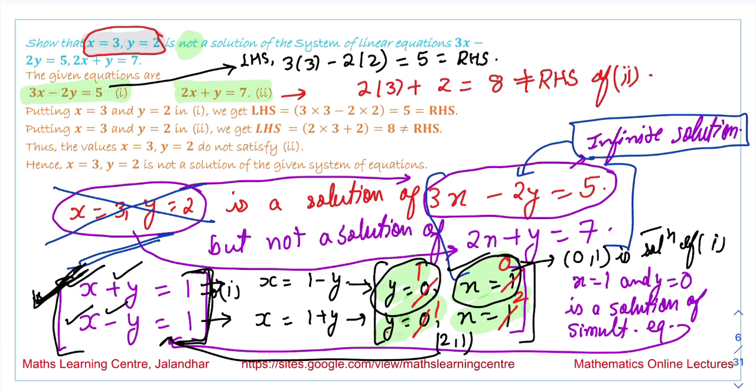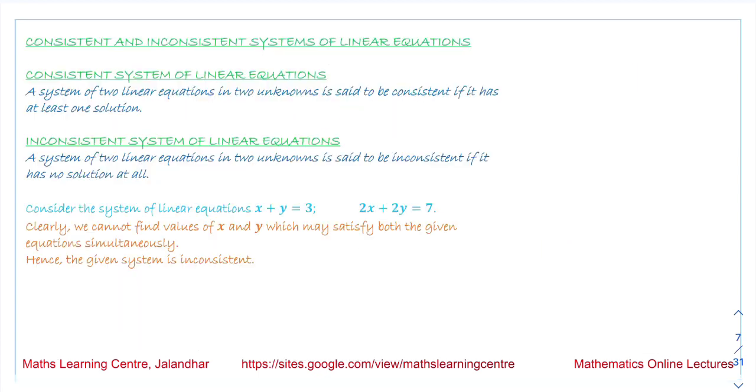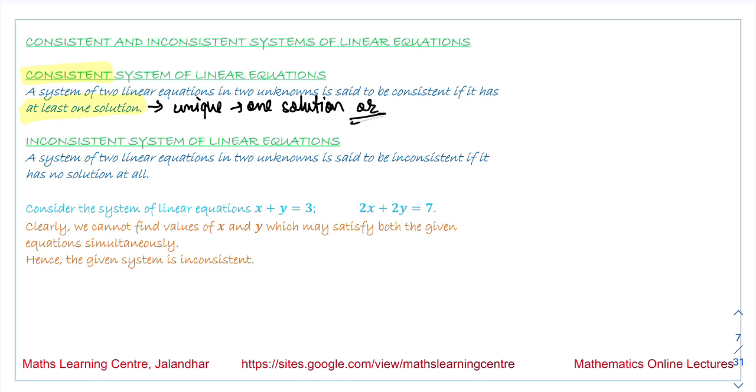Next we are talking about the consistent and inconsistent system of linear equations. Consistent means any system of equations which has at least one solution. At least one solution means there are two cases: either they have a unique solution, unique meaning one solution, or second, they have infinitely many solutions.